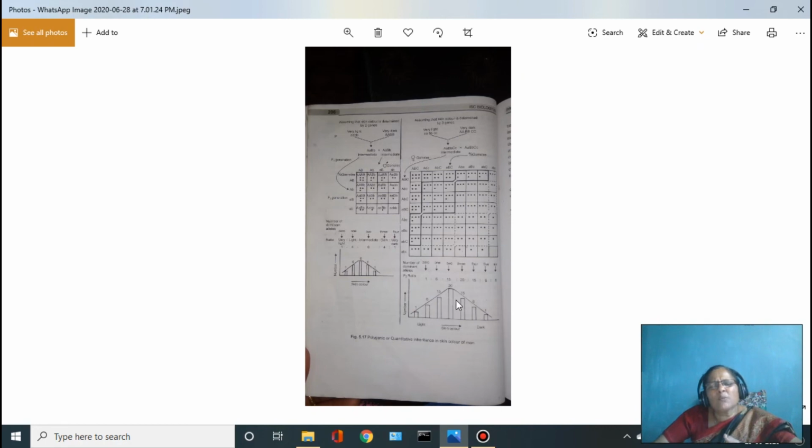This frequency of skin color can be shown in a bar diagram, that is called a histogram. Here we can see the variation.